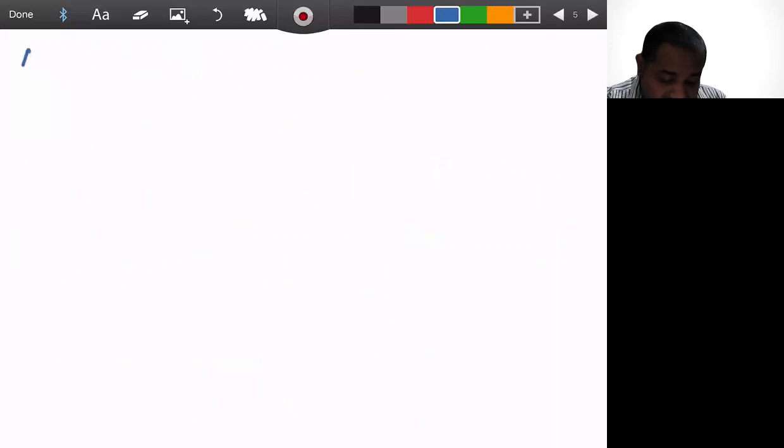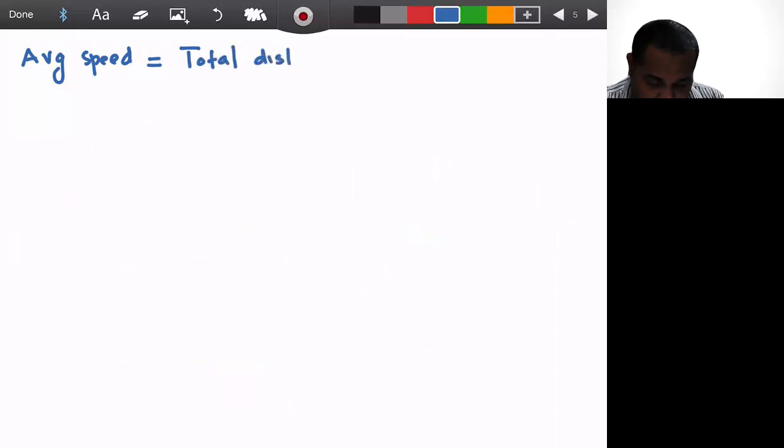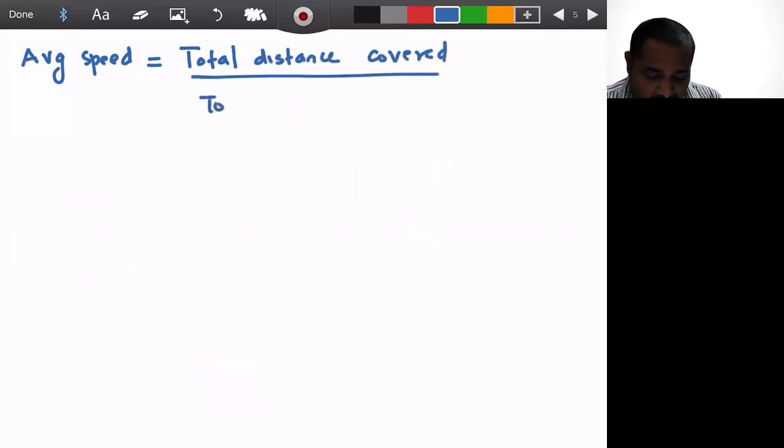So first of all, we'll deal with the average speed. So what is average speed? Average speed is equal to the total distance covered divided by total time. It's a ratio.